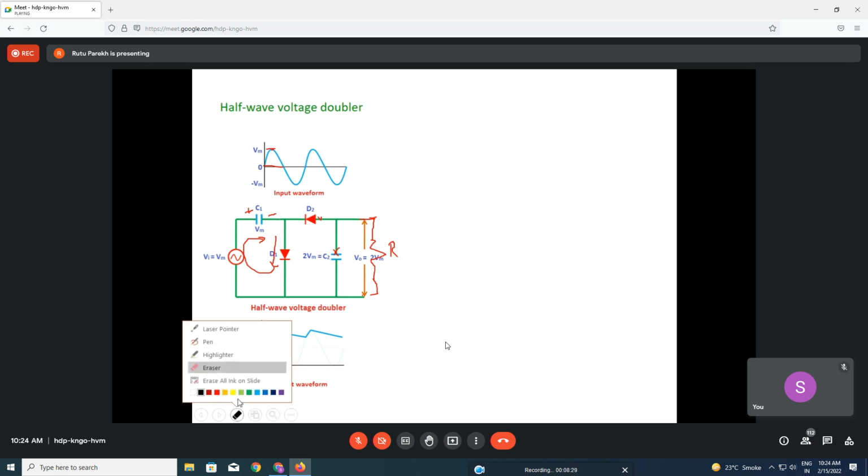So now in the negative half, when it is minus and plus now, as you can see, this one has already charged to plus and minus. In that case, is D1 forward biased or reverse biased when it's a negative half? Reverse bias. D1 will be reverse biased because of the polarity.